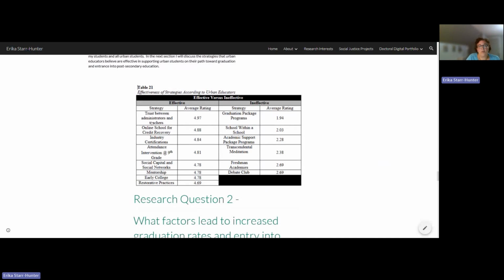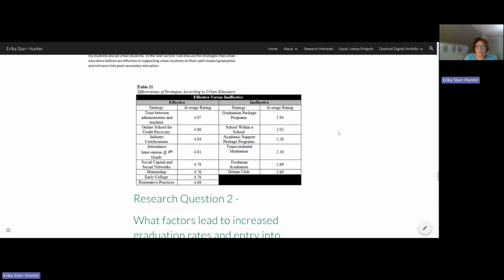We can see trust between administrators and teachers is number one, then online school and credit recovery, industry certifications, attendance intervention, social capital, social networks, mentorship, early college, and restorative practices as the most effective. The most ineffective, they said, were graduation packaged programs, school within a school, academic support packaged programs, transcendental meditation, freshman academies, and debate club.